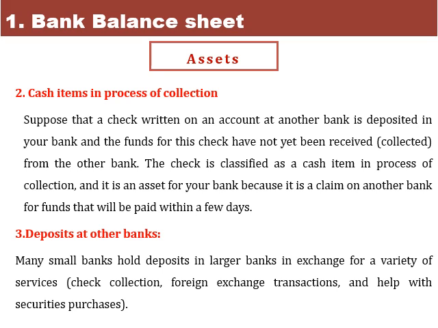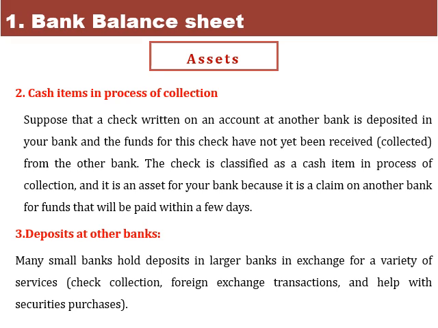The second item on the assets side is called cash items in the process of collection. To explain this, let's assume that a check written on an account at another bank is deposited in your bank, and the funds for this check have not been collected or received yet.